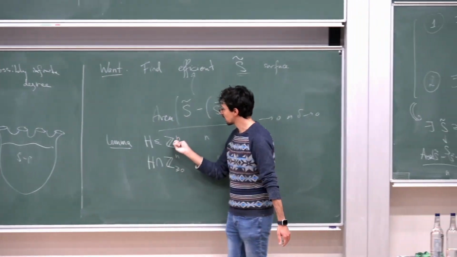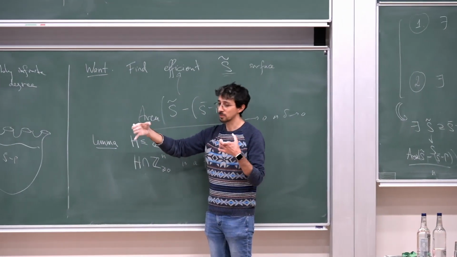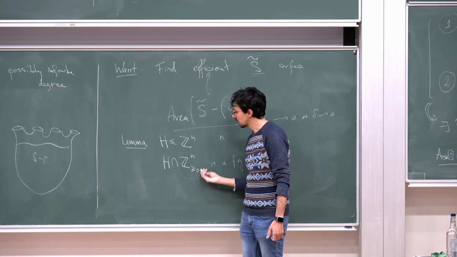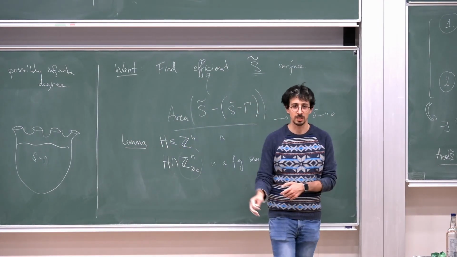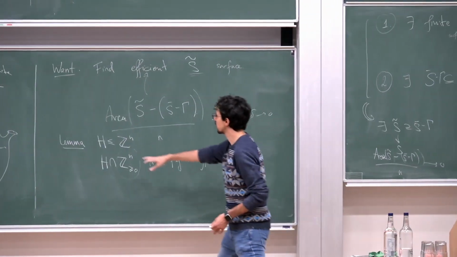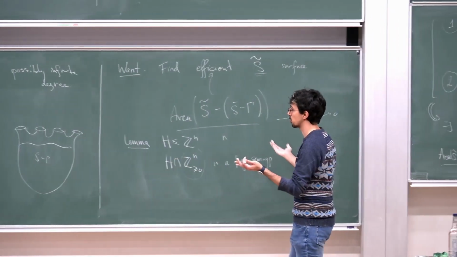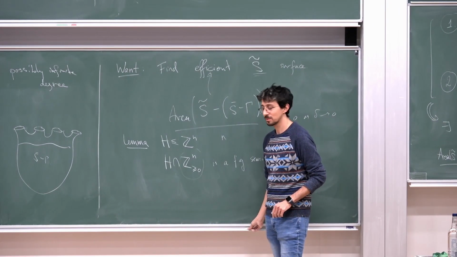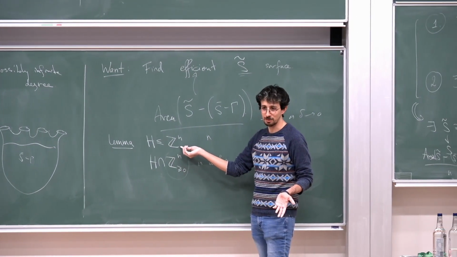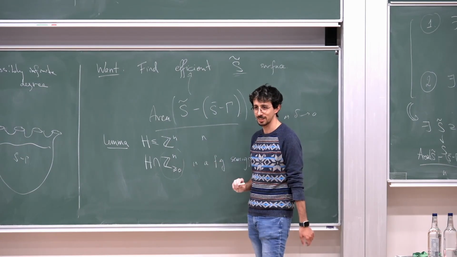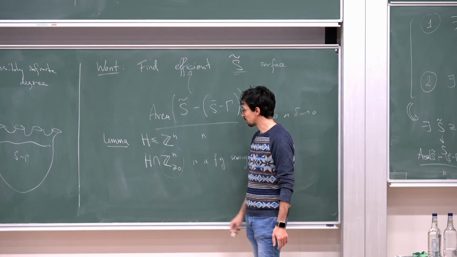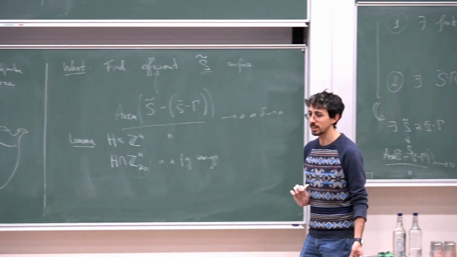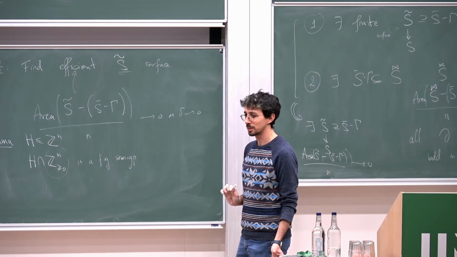The N records what types of boundaries you have, so Z to the N is the multiset counting how many of each type you have, and H measures which ones you can fill, or which ones exist. H is obviously finitely generated, it's a subgroup of Z to the N. But the point here is that when you intersect it with some nice cone, you get something that is finitely generated as a semigroup.